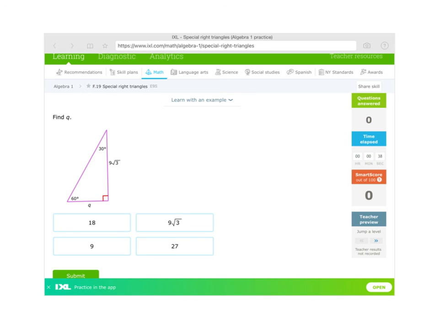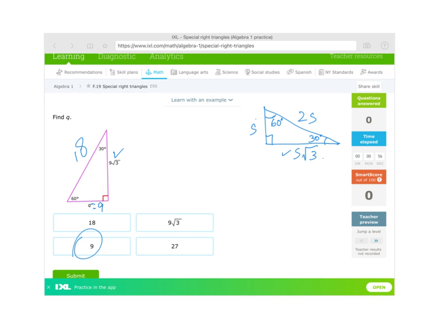Now let's apply that to our diagram. So we have 9 root 3, which is this. What else do we have? We have an S, so let's just call this 9, and this would be 18, right? So our answer is right here.